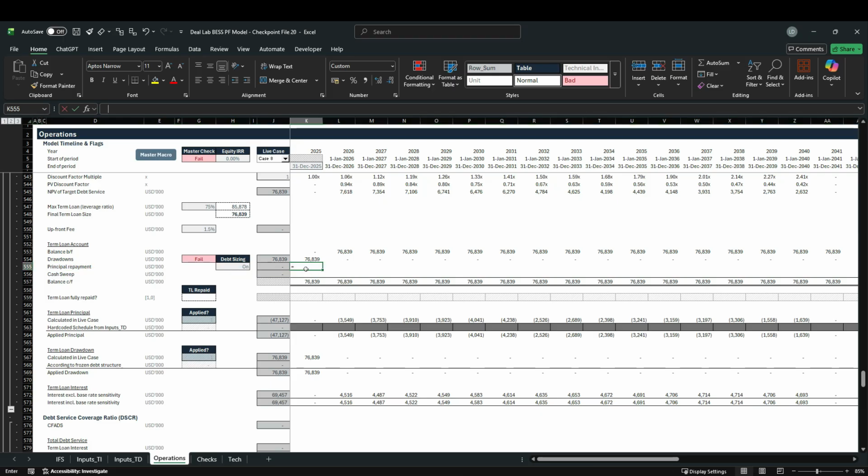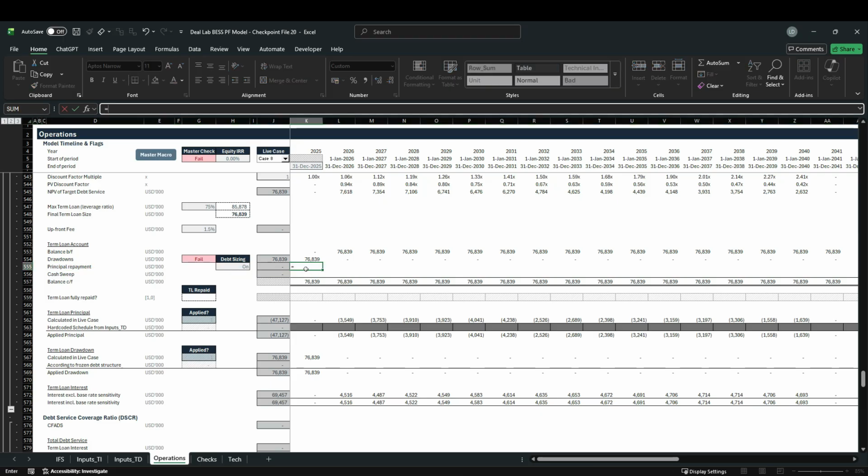And now this is going to be equal to minus the maximum of either 0 or, comma, the minimum of, let's flip the sign again for this one, minus 564. Since we start the formula with a minus, we want to make sure that we include a minus here to actually ensure that our principal repayment is showing up negative.